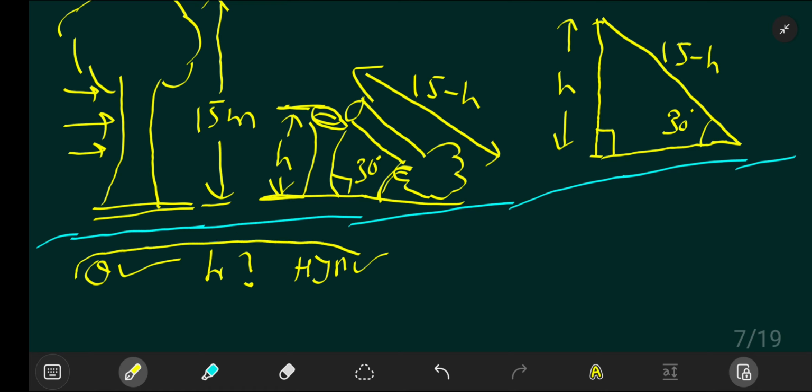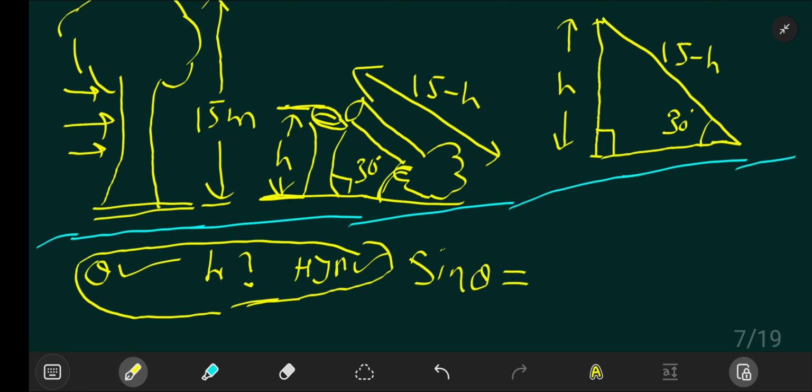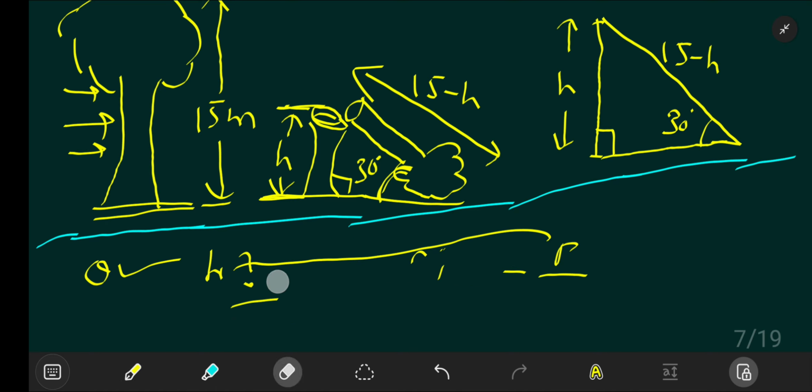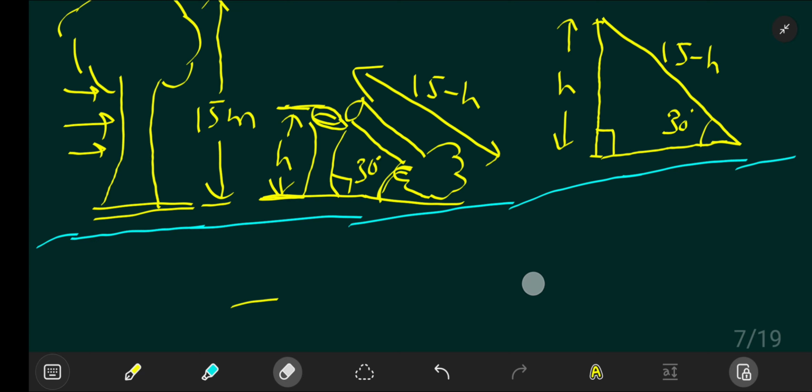Now, by seeing this, we have to select sine theta. Sine theta is equal to perpendicular side upon hypotenuse. Theta is there, perpendicular side is there, and hypotenuse is also there. The perpendicular side is asked. So we have to select sine theta in this problem.